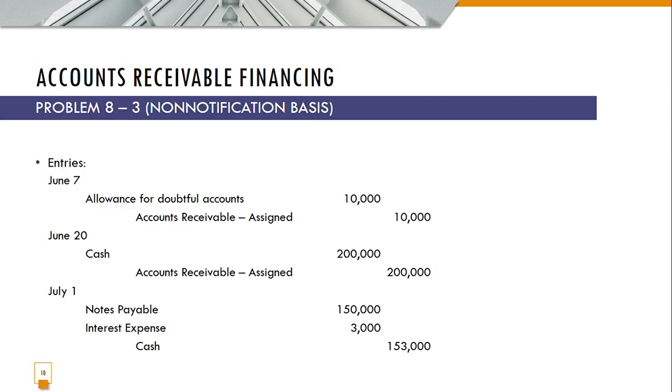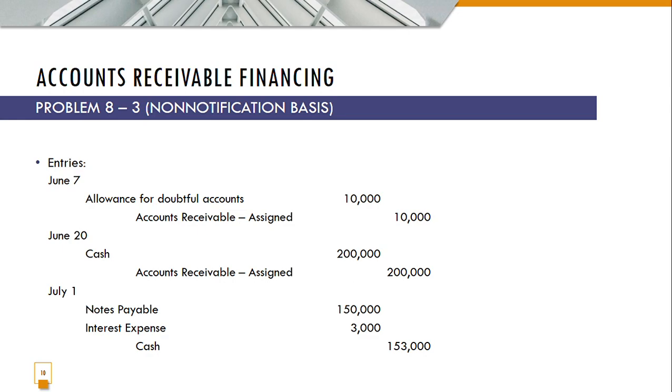On June 7, you wrote off 10,000 worth of accounts since it's worthless. On June 20, again you collected 200,000, and on July 1, you made a final settlement of 153,000, including 3,000 of interest expense.